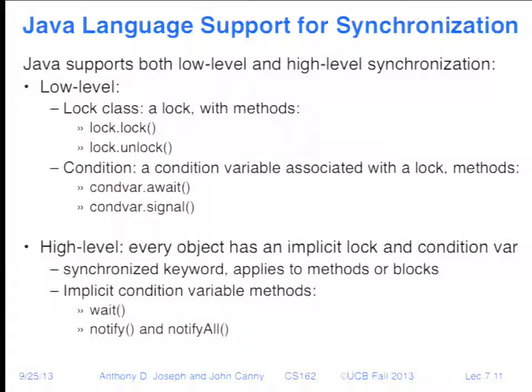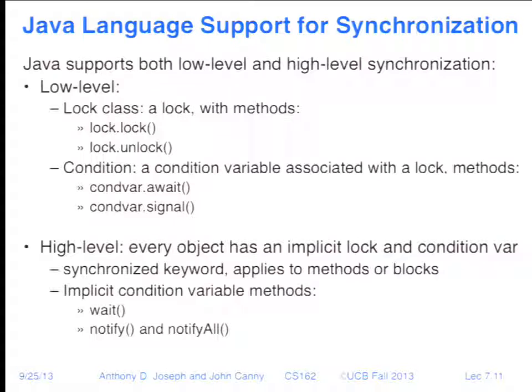The new set of primitives are the synchronized keyword and the corresponding ones. The new primitives involve implicit locks and implicit condition variables, each of which is associated with every object in Java. So those allow you to basically apply a lock to one object while you manipulate the object and have it automatically be released when you exit a code block.